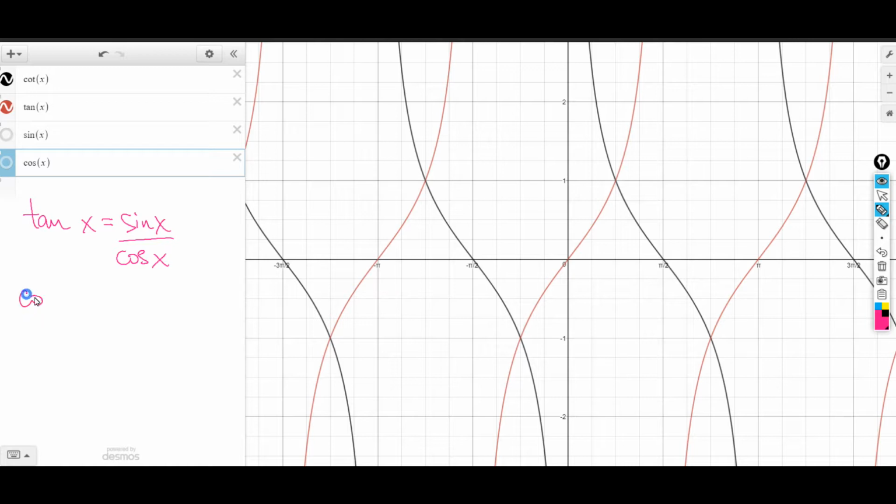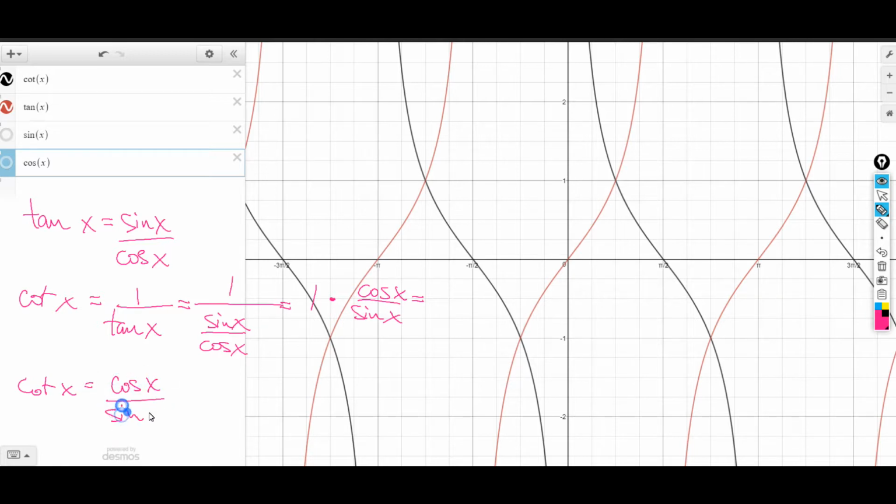And we know that cotangent of x equals 1 over tangent of x. Well, 1 over tangent of x is 1 over sine of x over cosine of x. And that is saying 1 times the flip, or the reciprocal. So cotangent of x equals cosine of x over sine of x.